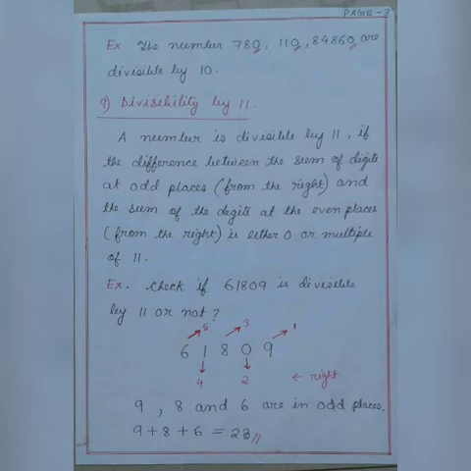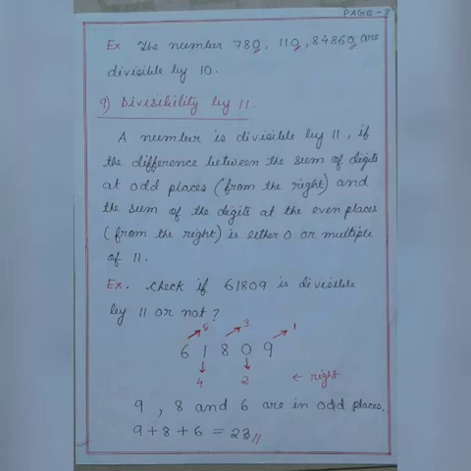That is, 22 is a multiple of 11. If the result is a multiple of 11, then the number is divisible by 11. Therefore 61809 is divisible by 11.